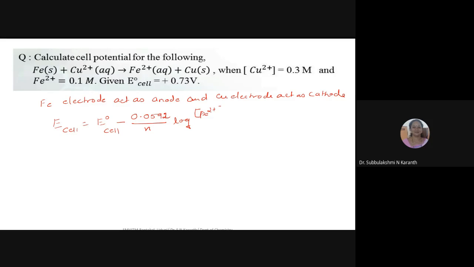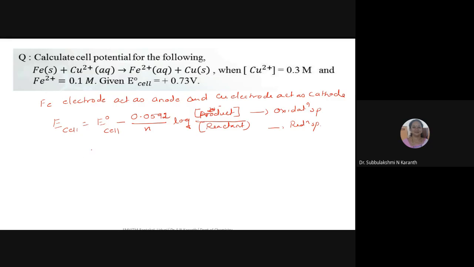In some books they give it as product by reactant, meaning oxidation species divided by reduction species, because here I took negative sign.